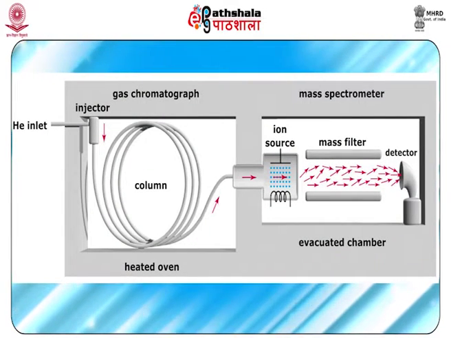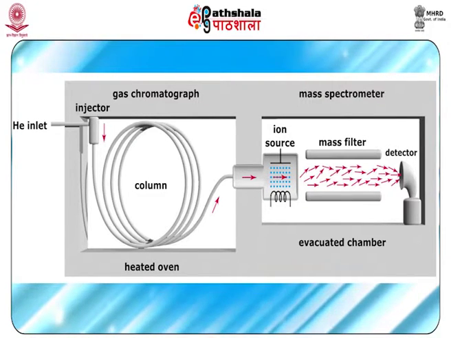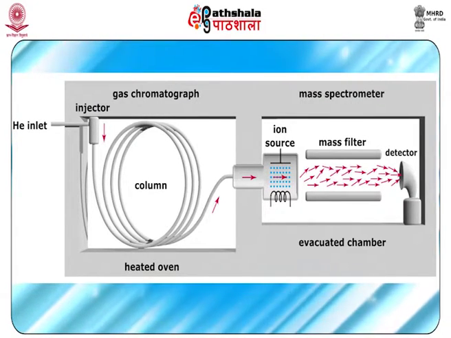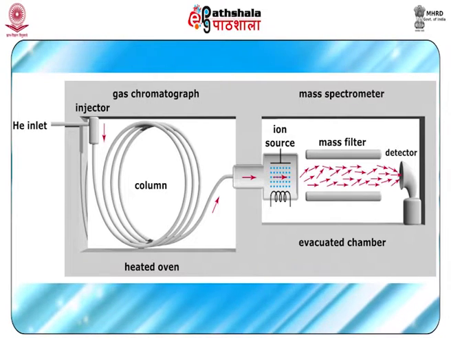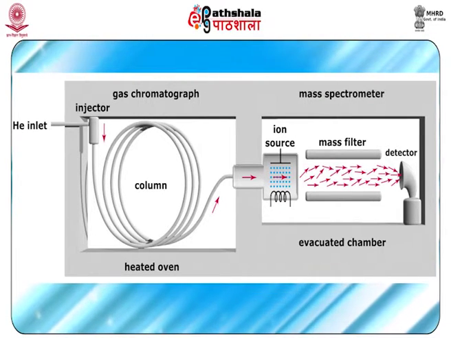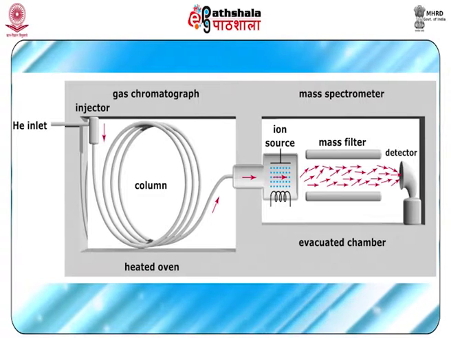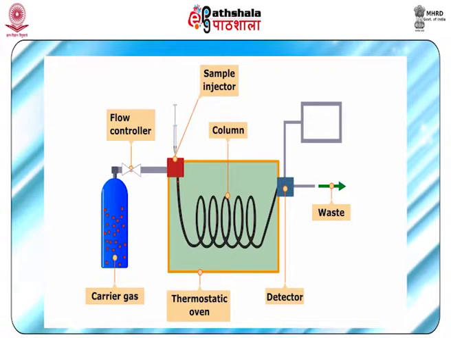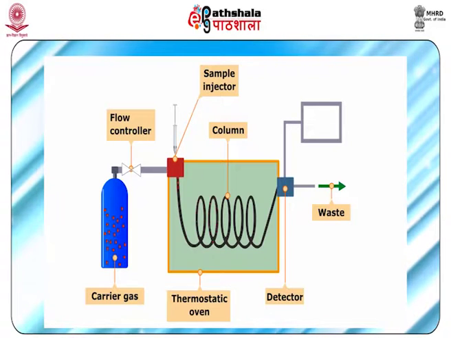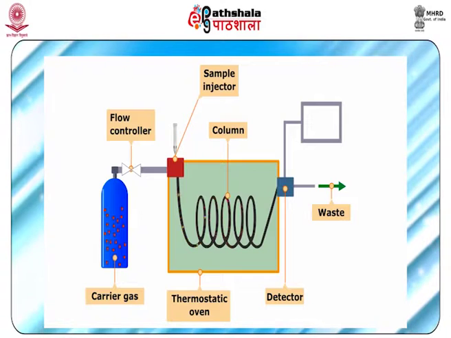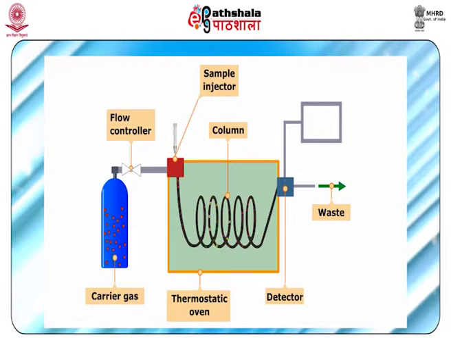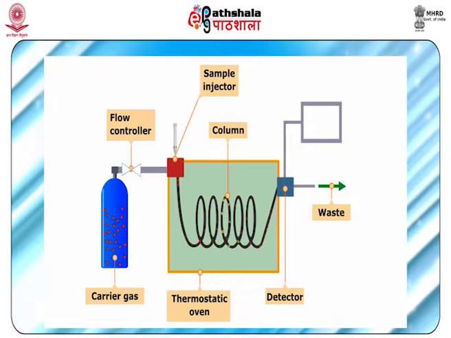A GCMS is actually two instruments that are physically clubbed together in a single unit, the so-called tandem or hyphenated techniques. In gas chromatograph or GC, a bent or coiled, packed or coated glass column is held in a temperature controlled oven of 150 to 350 degrees Celsius.